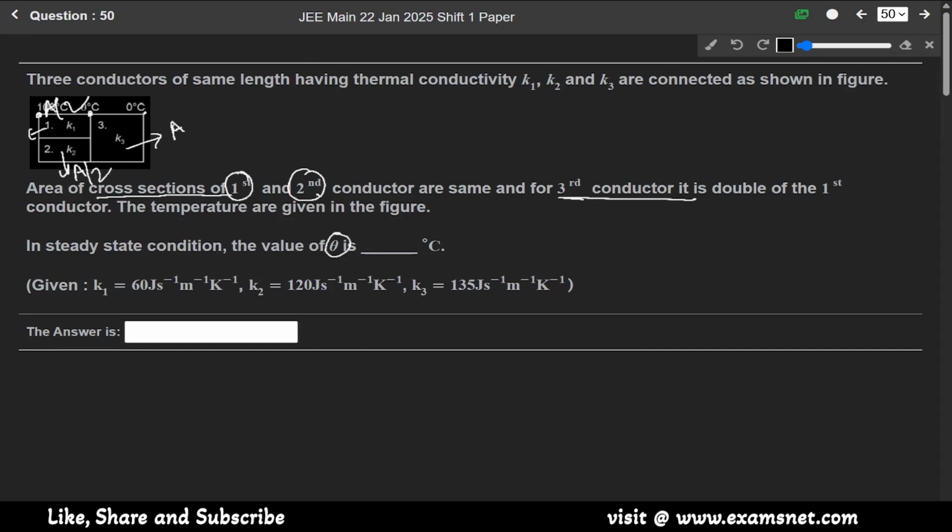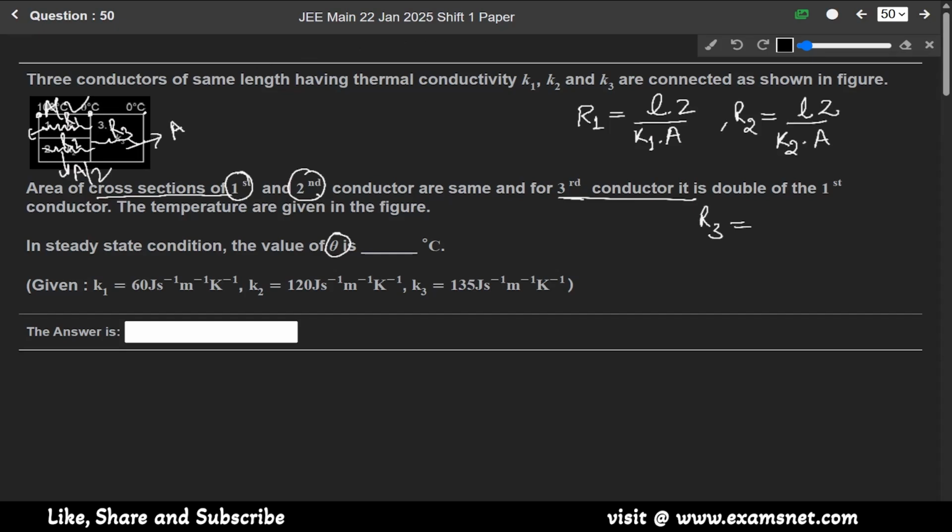So first we will write R. Let us replace K1, K2, K3 by R1, R2 and R3. So R1 will be equal to what? L over K A, where K is K1 and A is A by 2. And R2 will be equal to L over K A, where K is K2 and area is A by 2.